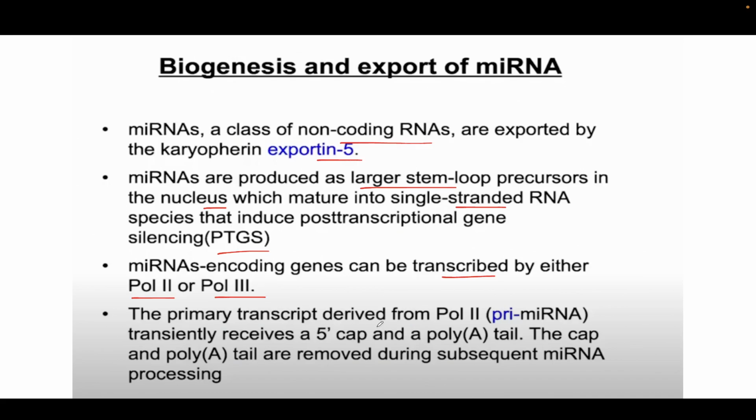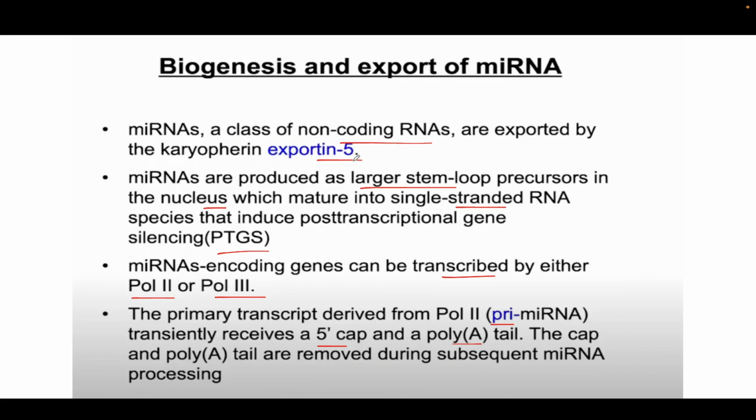The primary transcript derived from polymerase II transiently receives a 5' cap and a poly A tail. The cap and poly A tail are removed during subsequent miRNA processing.